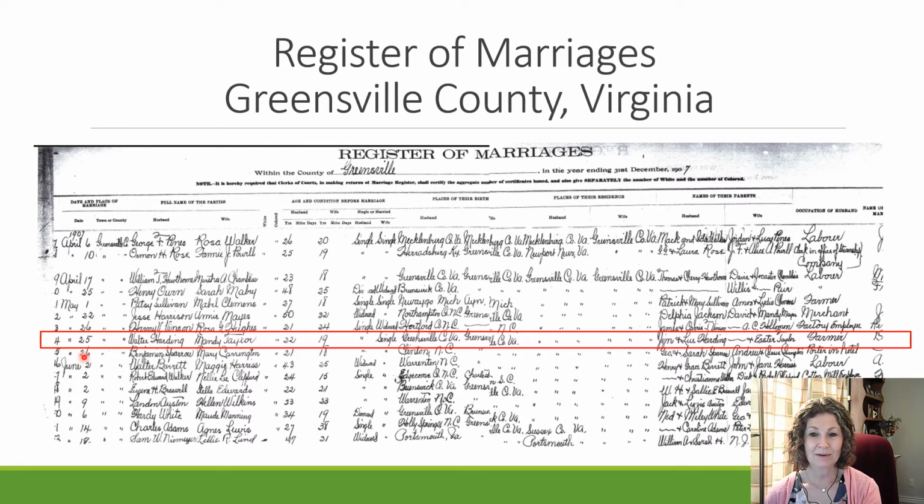Now, what else will help us to identify this record? Well, we've got the names and the date. On this page, we don't have a page number, but if we were to scroll ahead in the microfilm or behind the microfilm, we could obtain that.